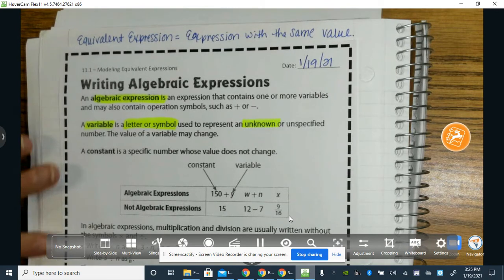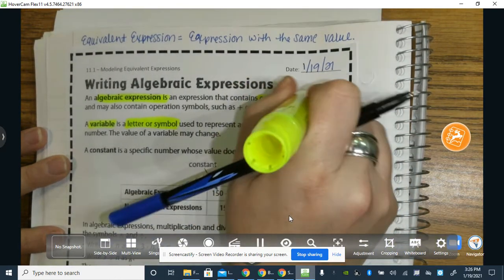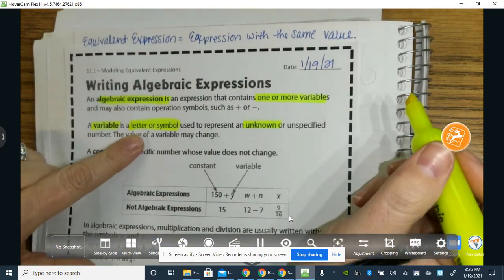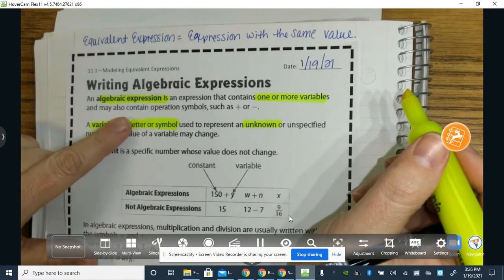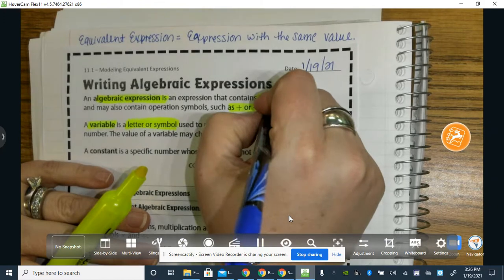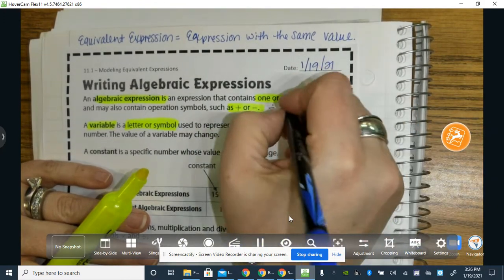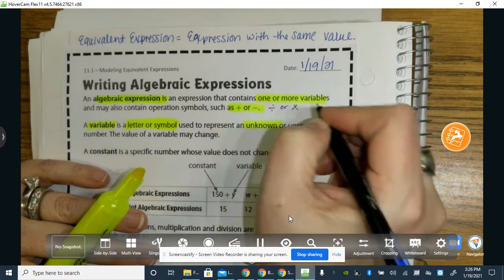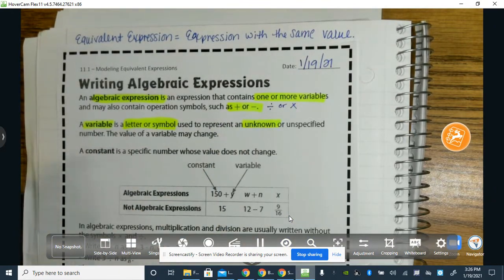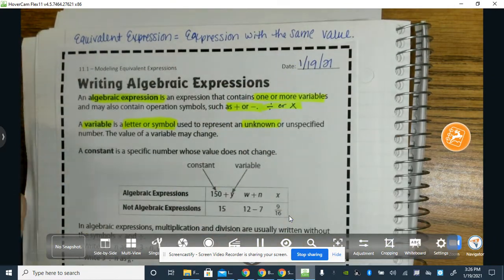Okay? Now, an algebraic expression is an expression that contains one or more variables. A variable is a letter or symbol to represent an unknown, and it may also contain operation symbols such as add, subtract, multiply, and divide. I switched them around when I was writing them. So all 4 operations are what you're going to be seeing.